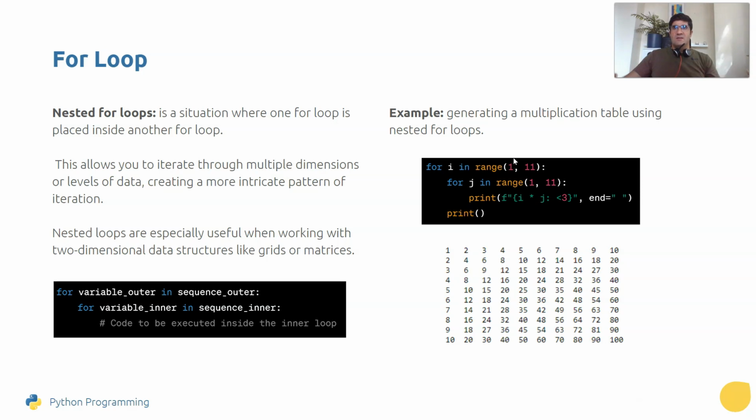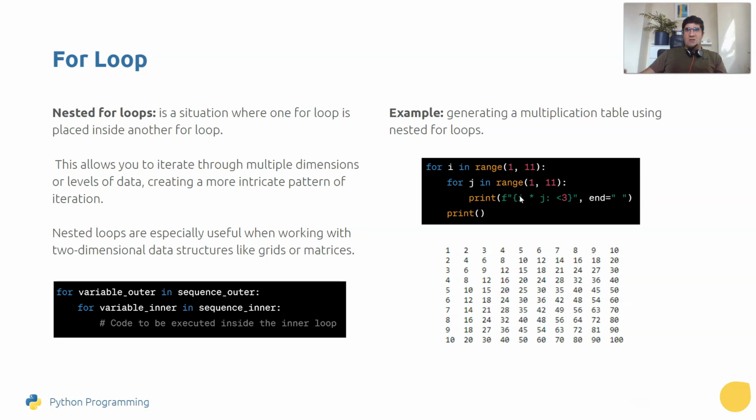go up, and now it will assign 2 to i, and i will be 2, and then we will come inside. So then the Python interpreter will go up and assign 2 to i, and it will return to the inner loop, and it will assign 1 to j. So now i is 2 and j is 1, and then it will print 2 times 1, which is 2 in the new line, and then it will go up and assign 2 to j.